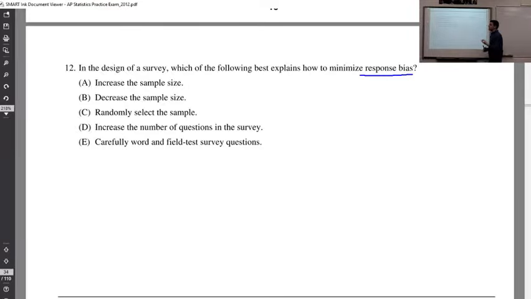Response bias is about anything that affects how people are going to respond to the question.